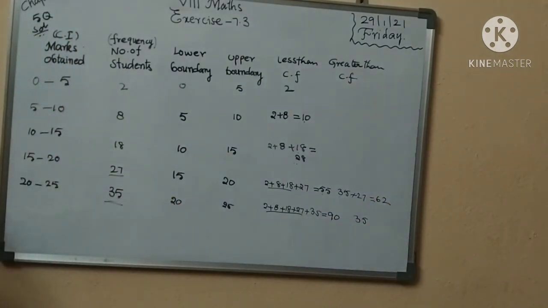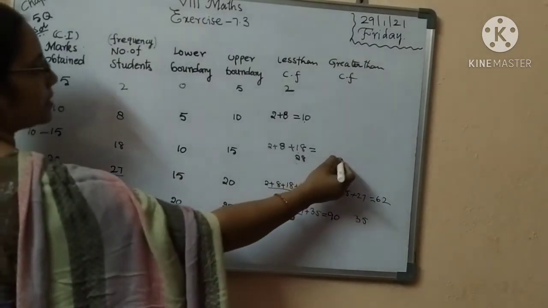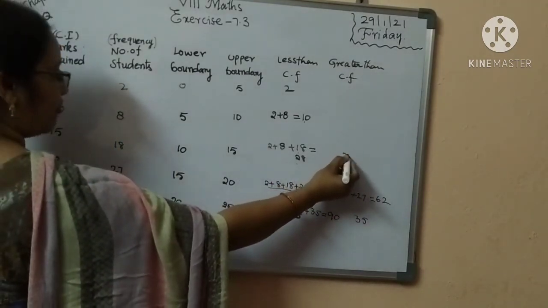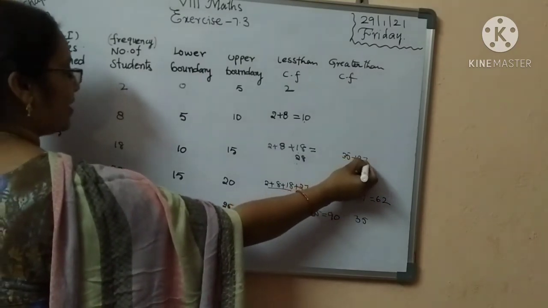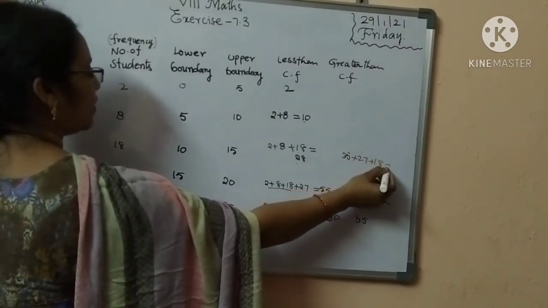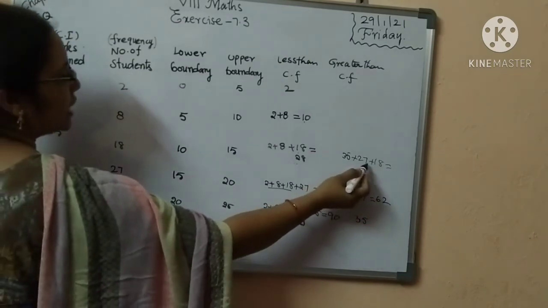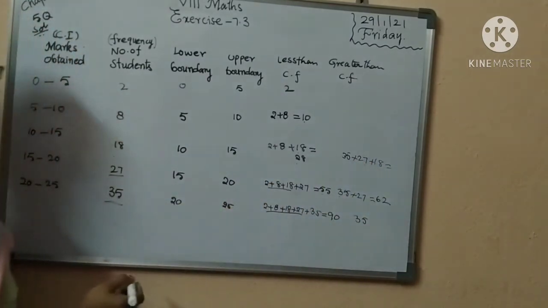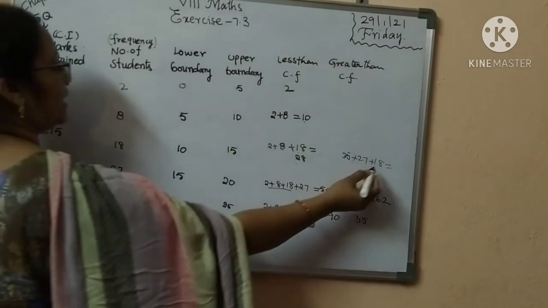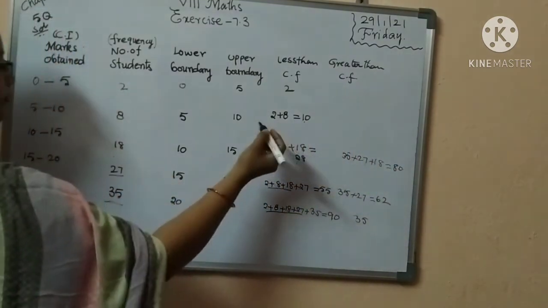Okay. Next one is 62 plus 18. So 35 plus 27 plus 18, here we have 62, and 62 plus 18 is 80.